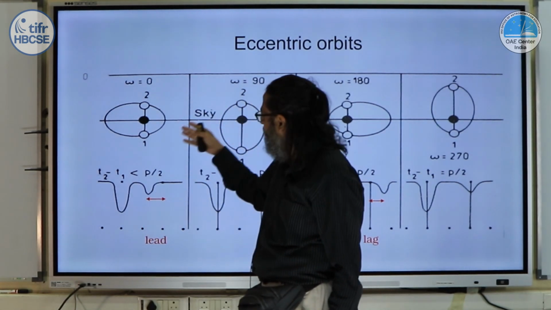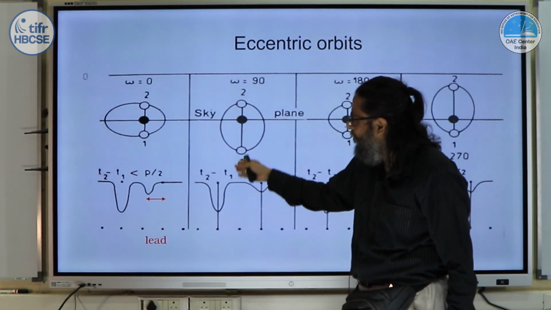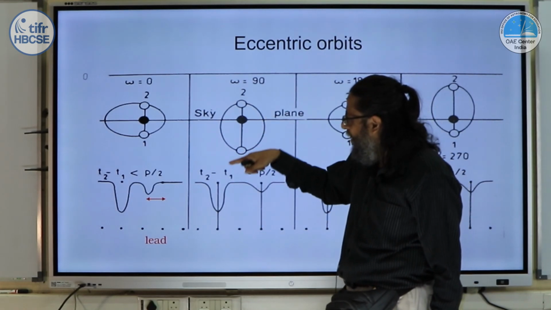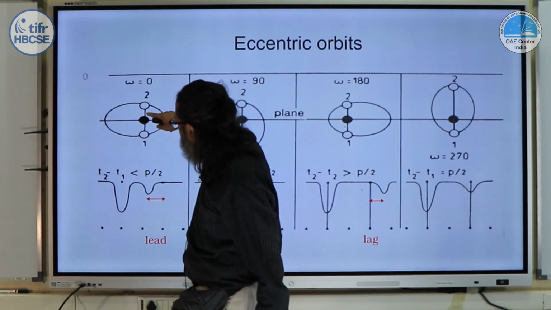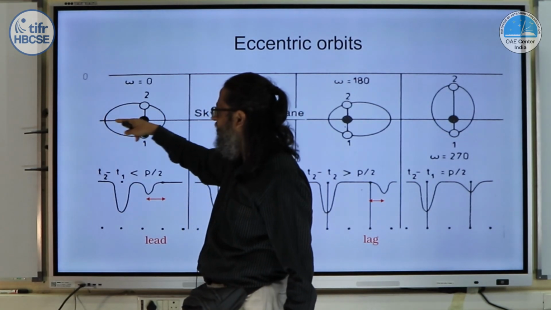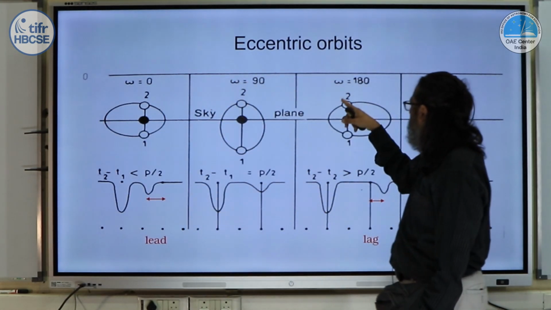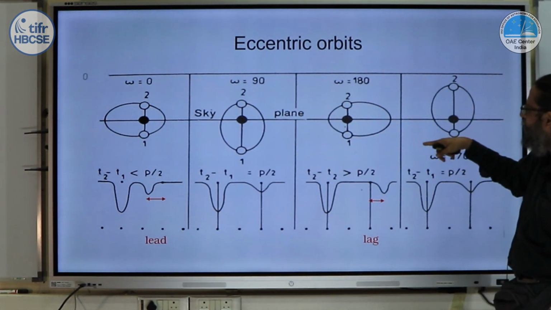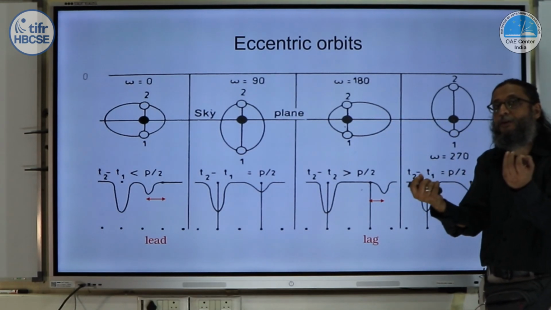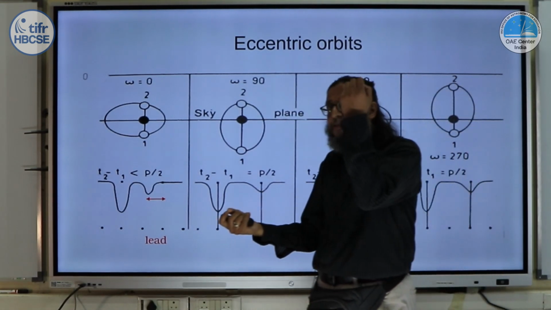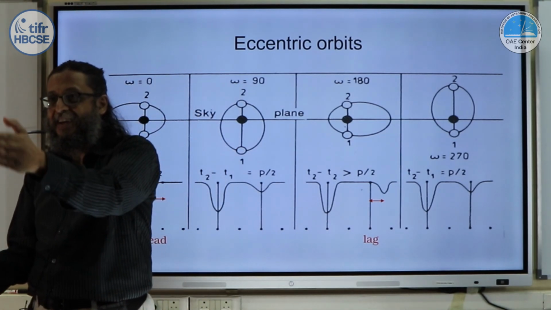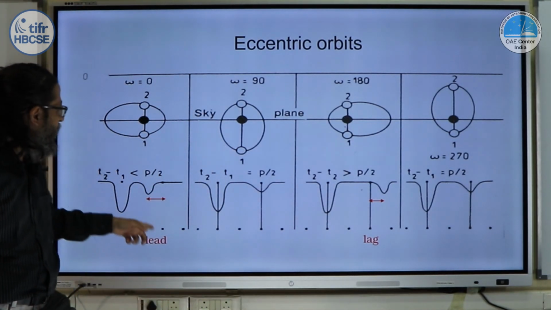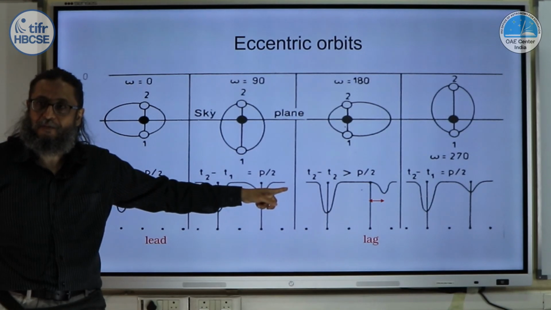Depending on which orientation of the ellipse you are talking about, which focal point you are oriented towards, that determines the visible parameters that you measure.